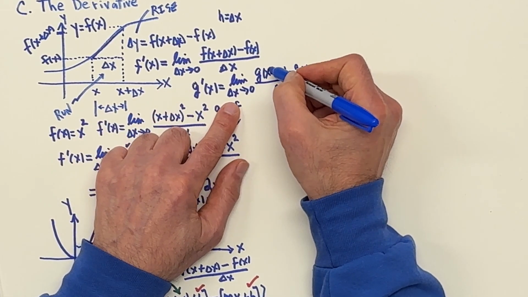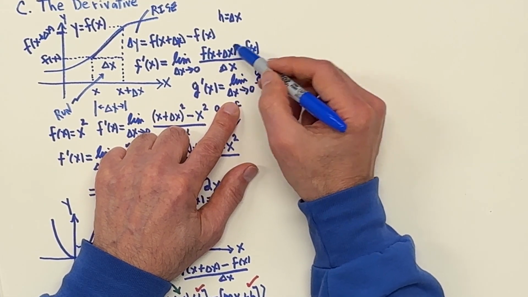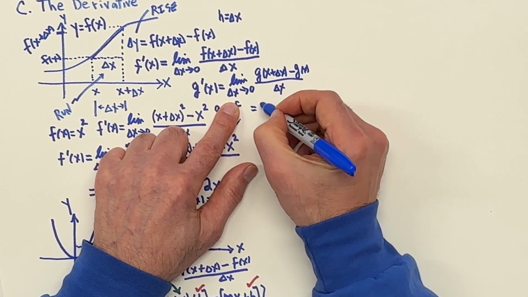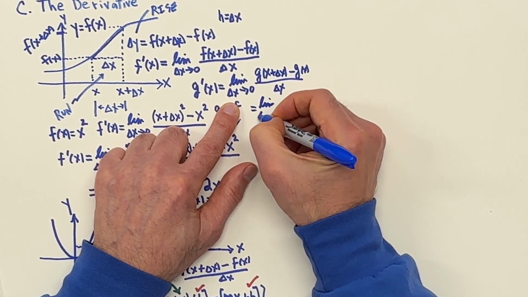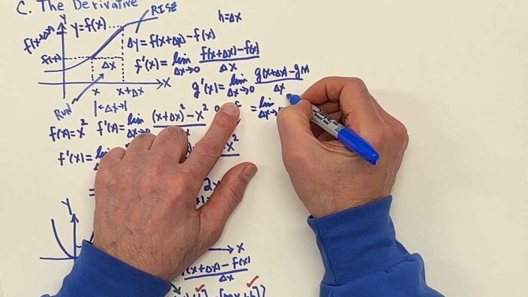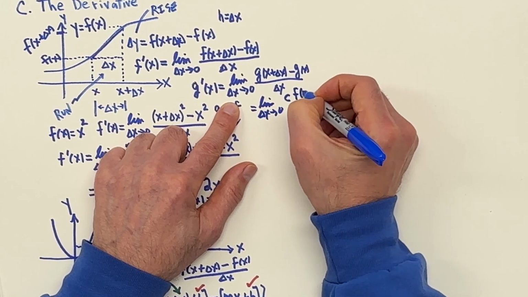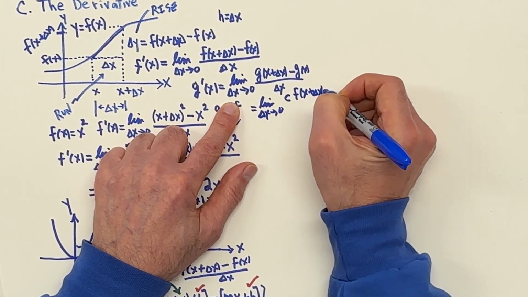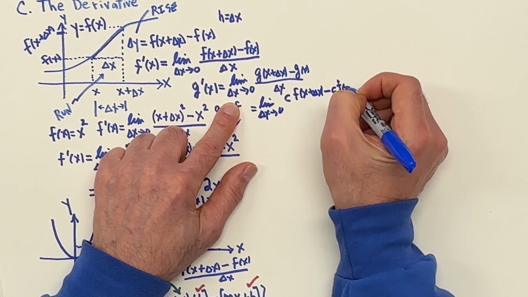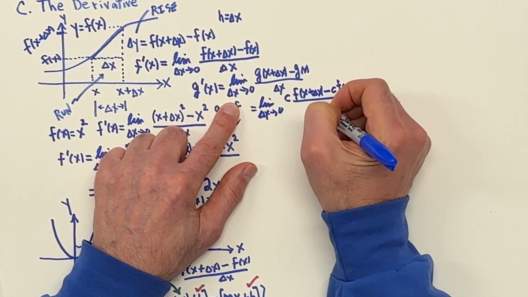But then the g would be this with the c in front. So that would give us the limit as delta x goes to 0 of c times f of x plus delta x minus c times f of x over delta x.